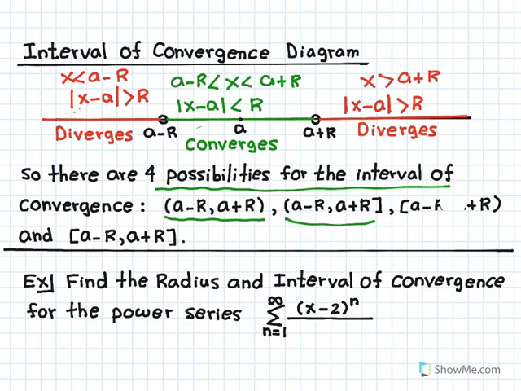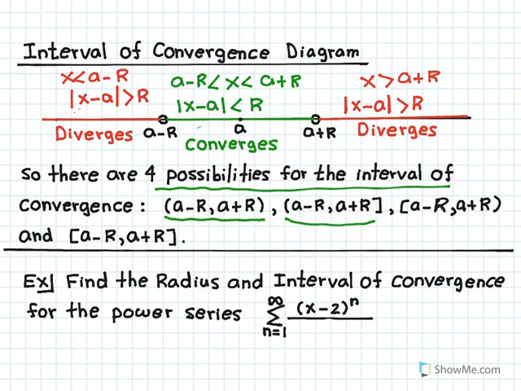Number three, include the left endpoint, which is a minus r, and don't include the right endpoint, a plus r. And case number four, include both endpoints: a minus r and a plus r, the left endpoint and the right endpoint.